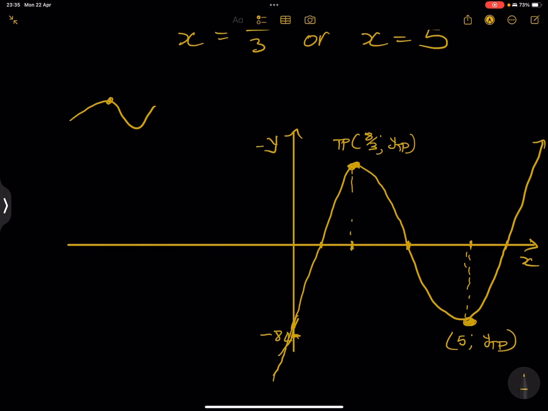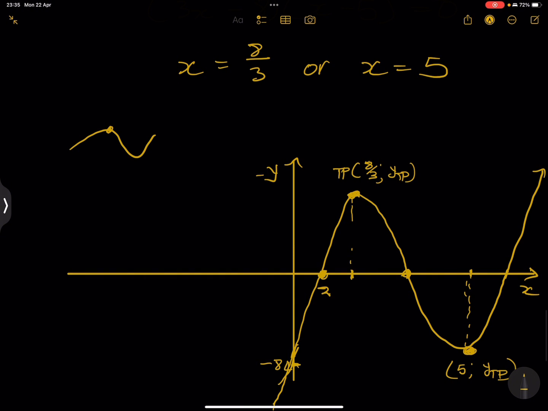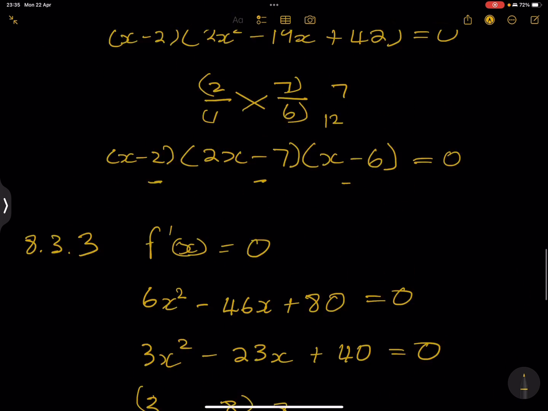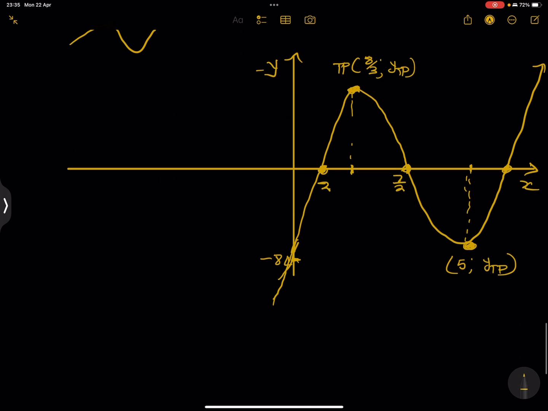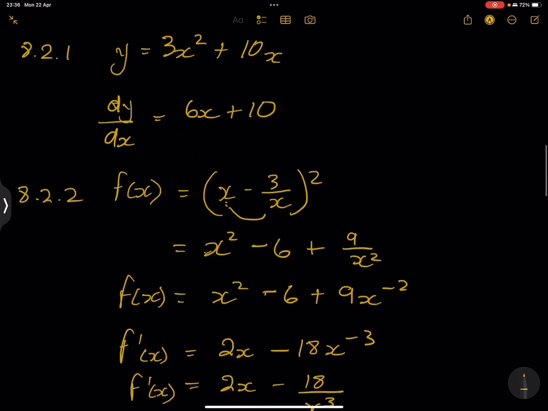Now please notice, ladies and gents, we also have our x-intercepts. The first one is at 2. And the other at 7 over 2. And the last one, which was at 6. So this is a 6. All right, so that is what our graph will look like. Okay, and please make it a point that you get this one right.